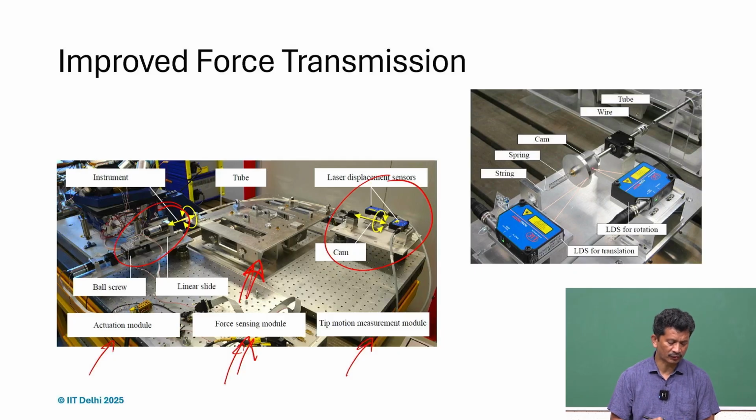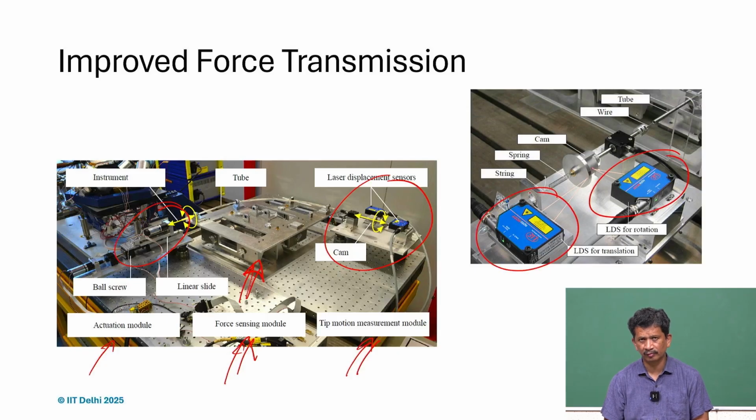So again, it's a 6 DOF, 6 degrees of freedom force sensing module, and we use wire flexures, just thin wires, and then how precisely the forces can be resolved, and then we can measure on the other side.